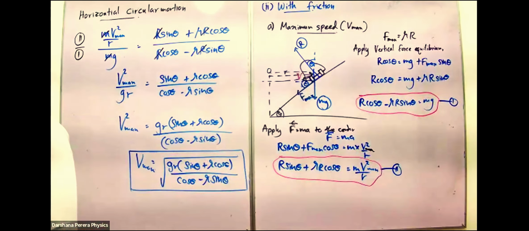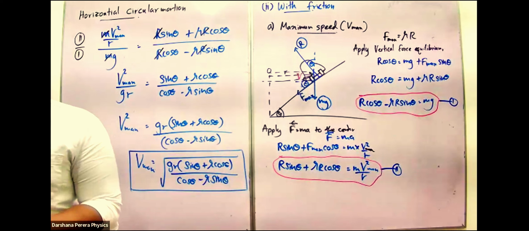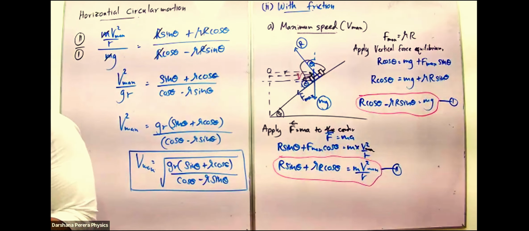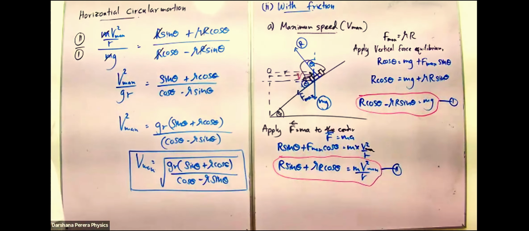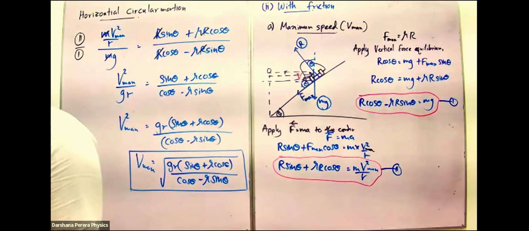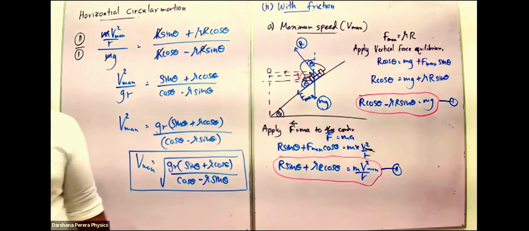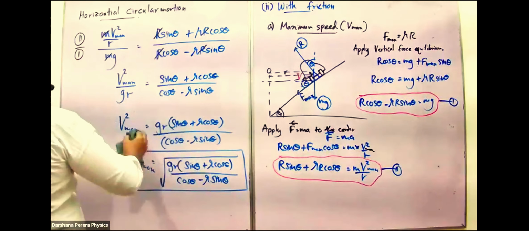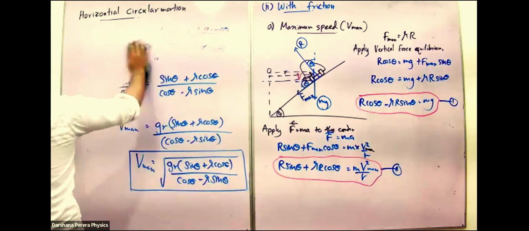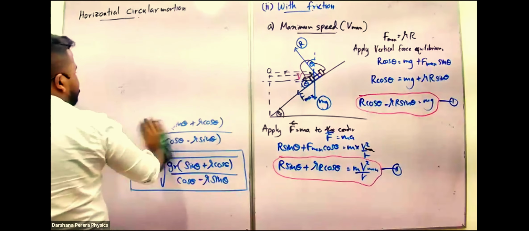Then write down the B part, minimum speed. So, maximum speed, and the second, B part, minimum speed.